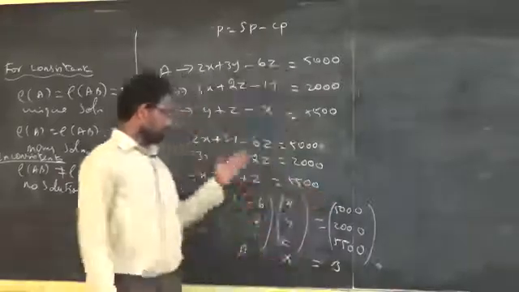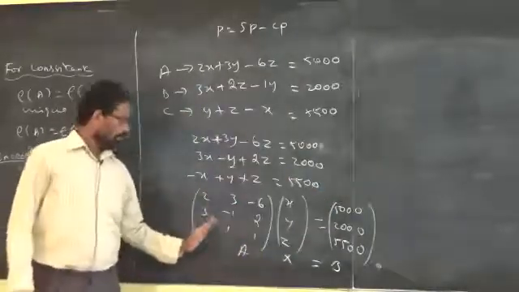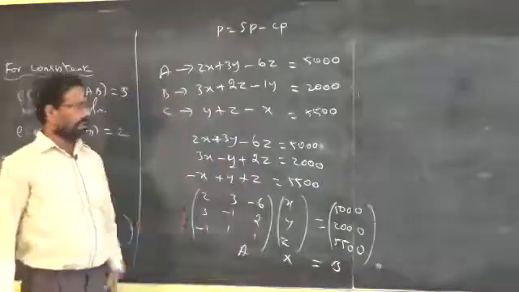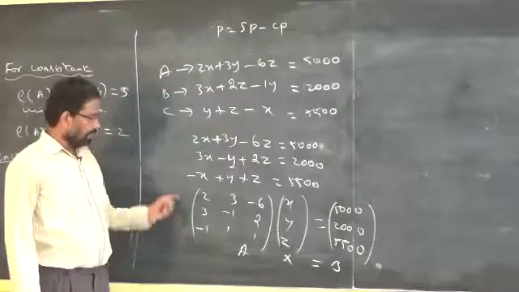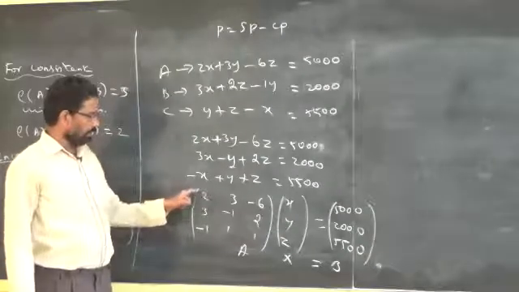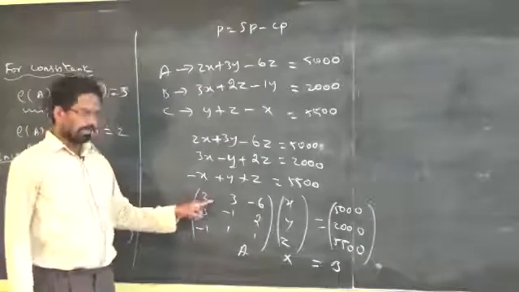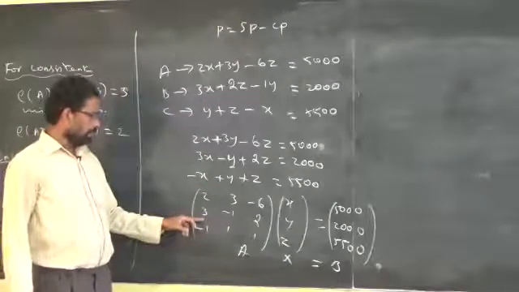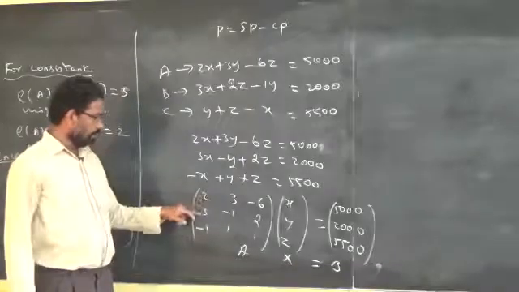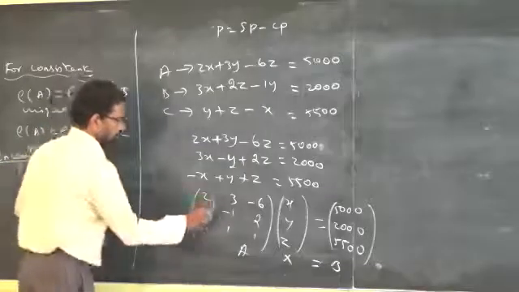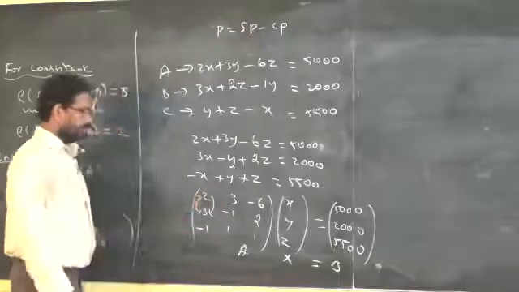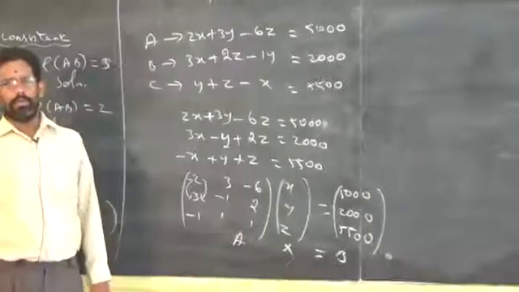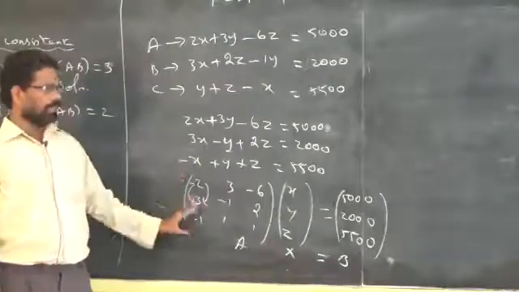Then as we proceed, find the augmented matrix, combine these 2 matrices and find rank of A and rank of AB. I told you already, the first element of the first row need not be 1, it may be any number, it doesn't matter. To make this element 0, you multiply this row by 3 and this row by 2, just interchange and multiply. Like in 10th standard, you know how to find the solution for x and y by applying the elimination method. Same concept, because it is also algebra.